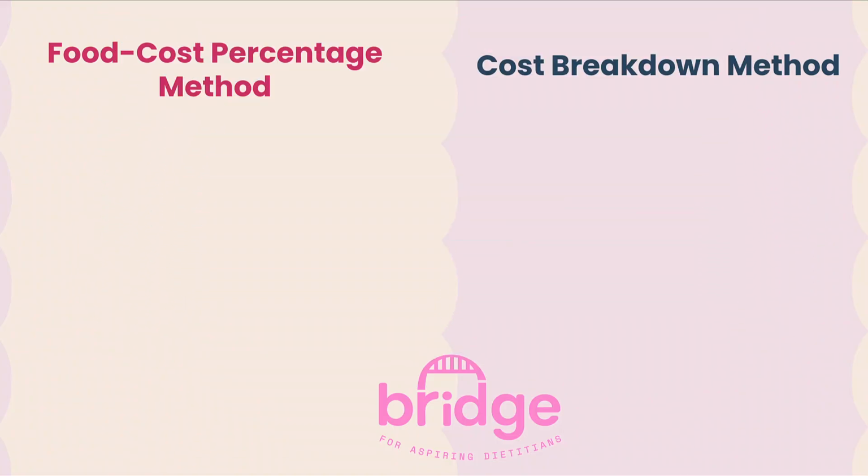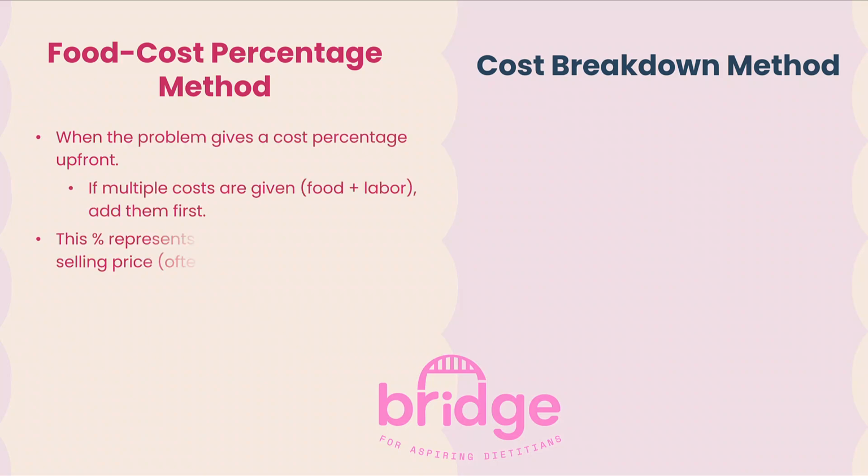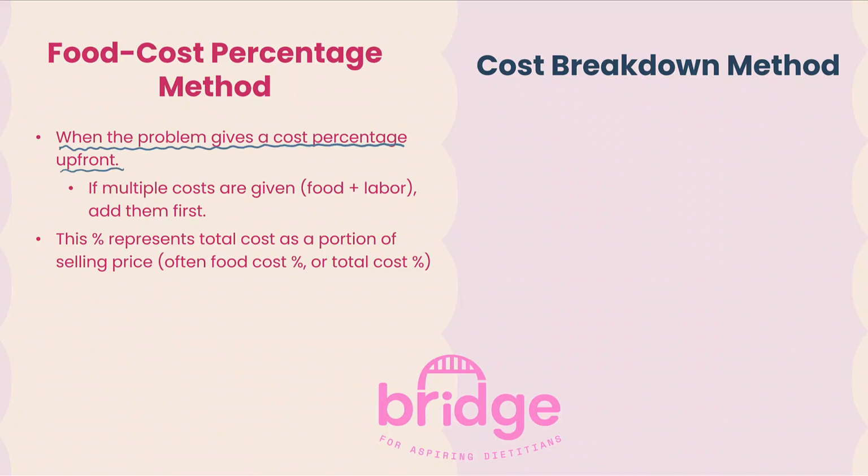So let's start with the first and most direct kind of problems, the ones we looked at in the last video. We're calling this the food cost percentage method. You'll use this method when the problem gives you a cost percentage upfront. This percentage represents how much of the selling price is being used to cover your costs.